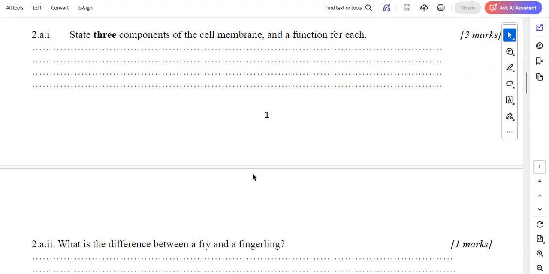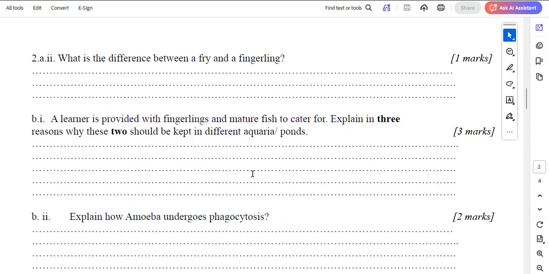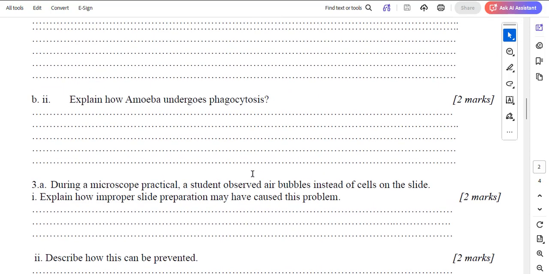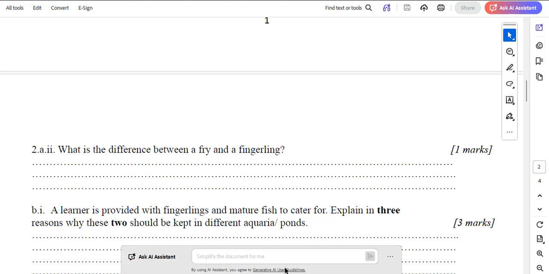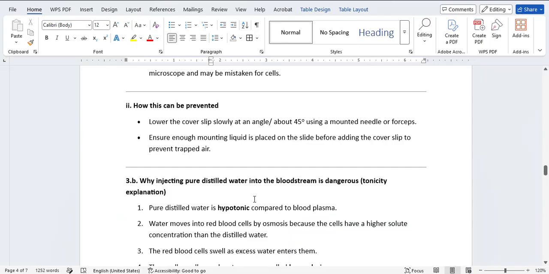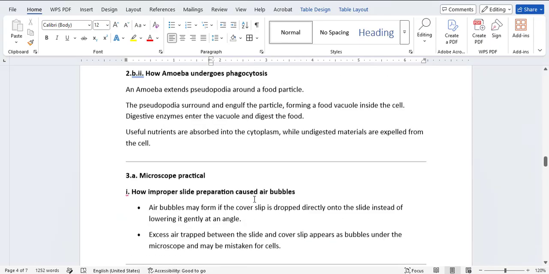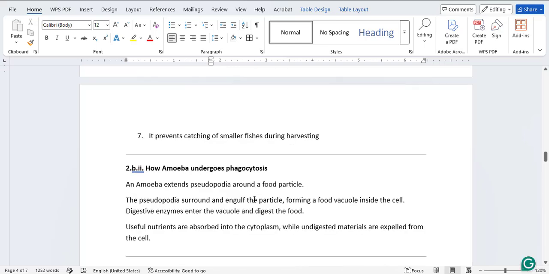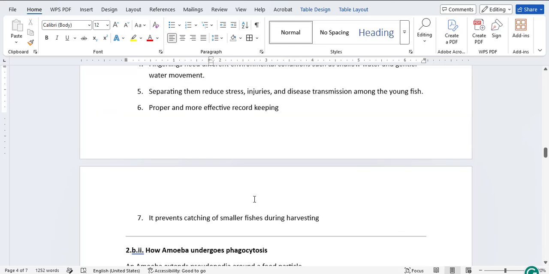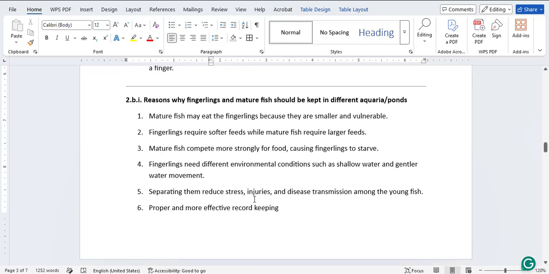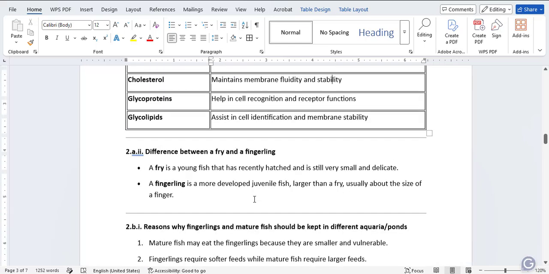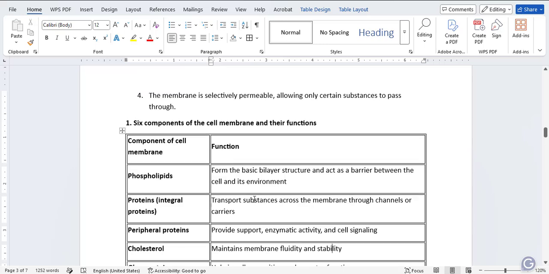So why don't you look at the scheme with respect to question 2. So we start from here.